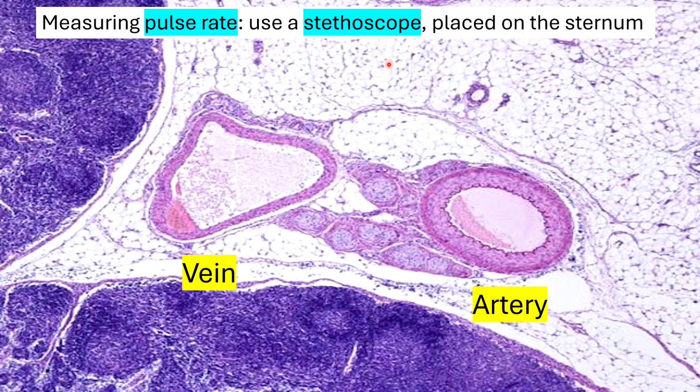Also remember that you probably know this already, but it's worth mentioning. When you put your fingers around your radial artery, okay, around the hand, that's another way of measuring your pulse rate, though not as accurate as a stethoscope.